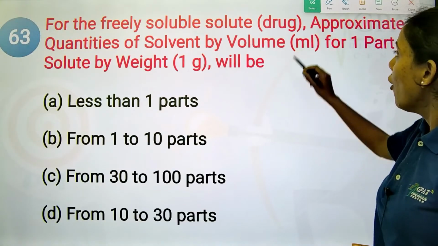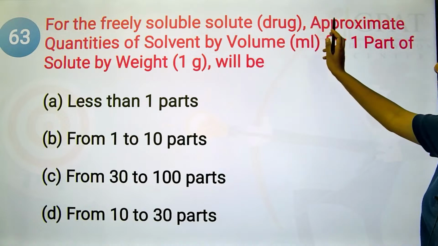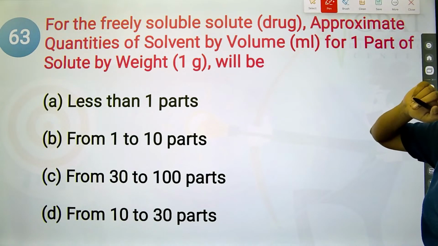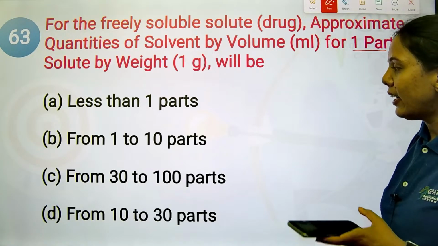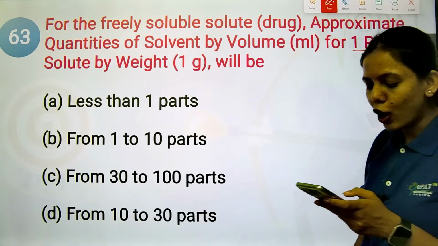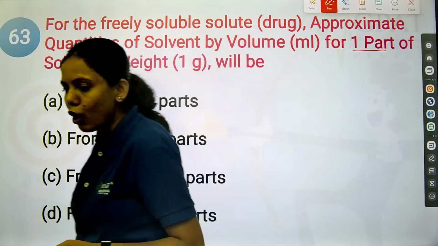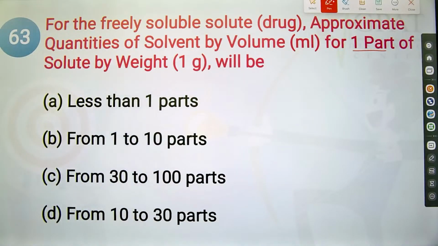The next is, for the freely soluble solute, approximate quantities of solvent by volume for one part of solute by weight will be how much? So this is a solubility table. I think everybody knows this solubility table. What should be the answer for this? And they are asking for freely soluble.